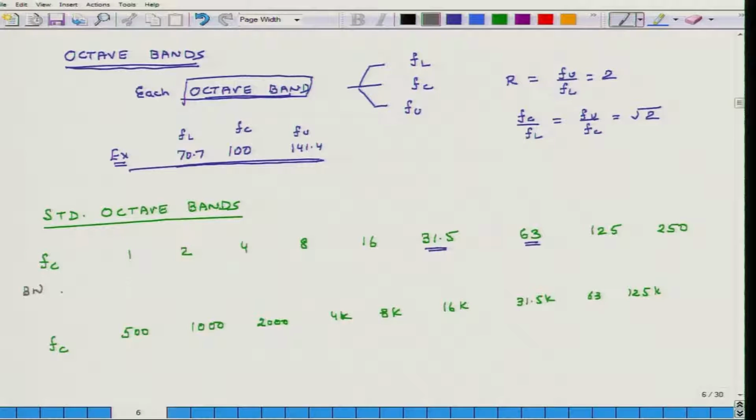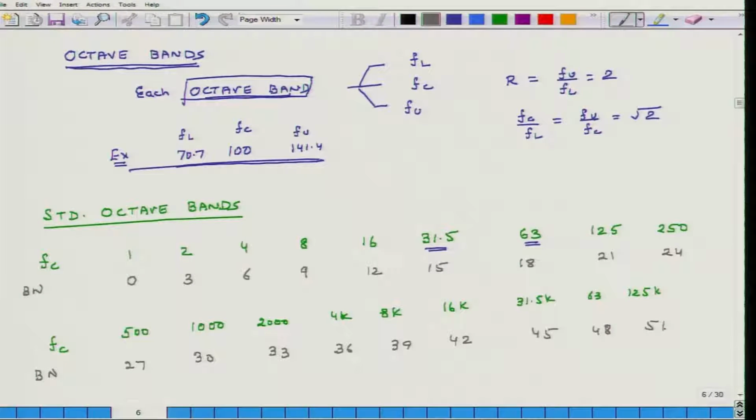And what is this band number? First I will just write down these band numbers and then we will learn where they are coming from. The band number for this first band is 0, for this band is 3, 6, 9, 12, 15, 18, 21, 24, and band number for these is 27, 30, 33, 36, 39, 42, 45, 48, 51 and so on.